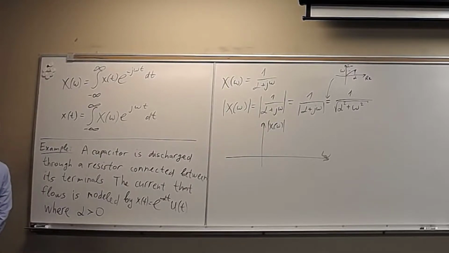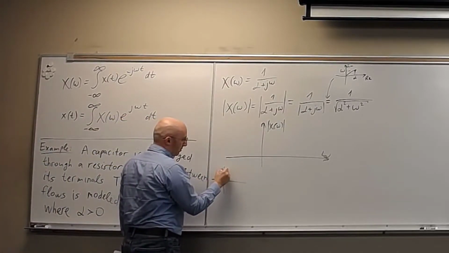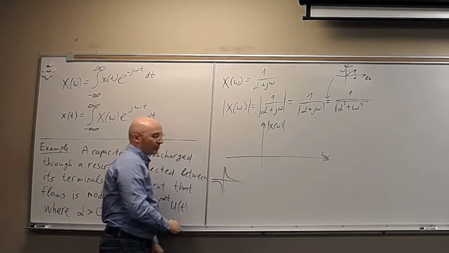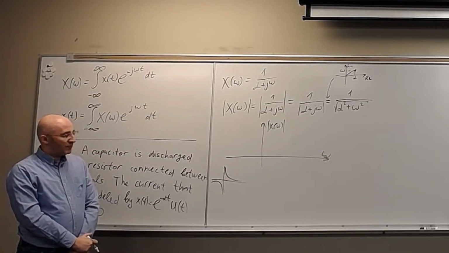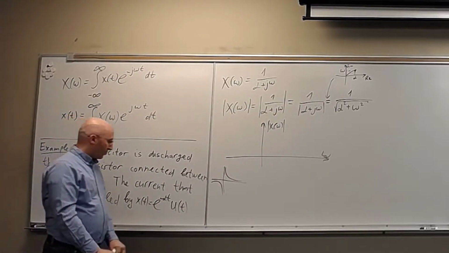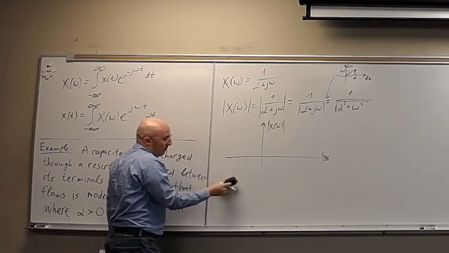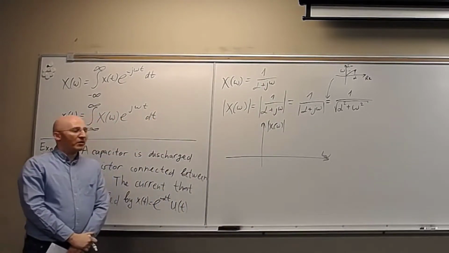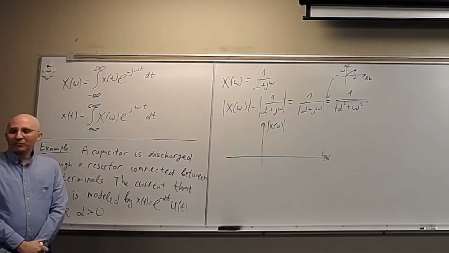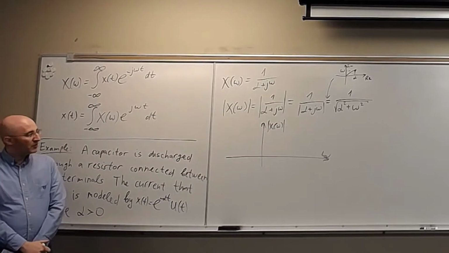Like a 1 over x? This does not look like 1 over x. First of all, it has to be positive all the time, for positive omega and for negative omega, because this is omega squared, and alpha is a positive constant.